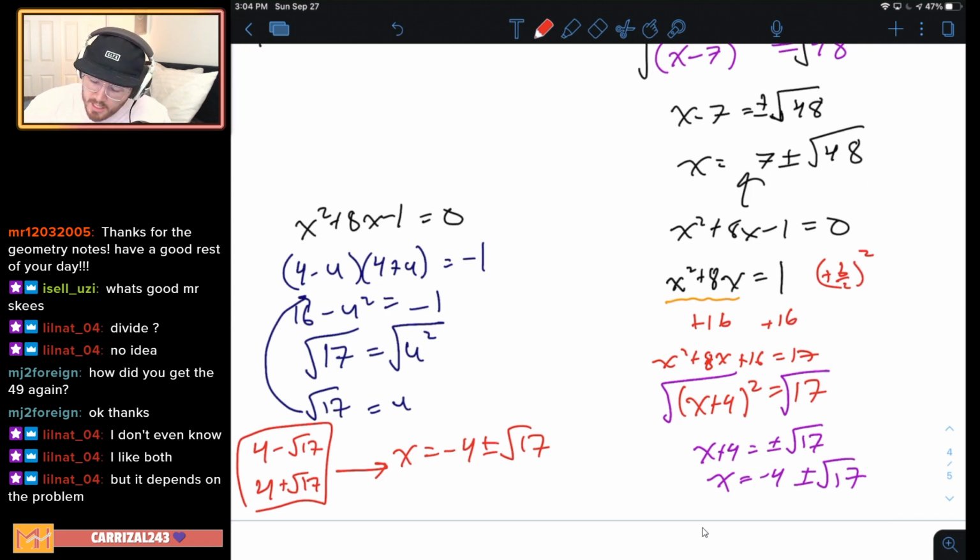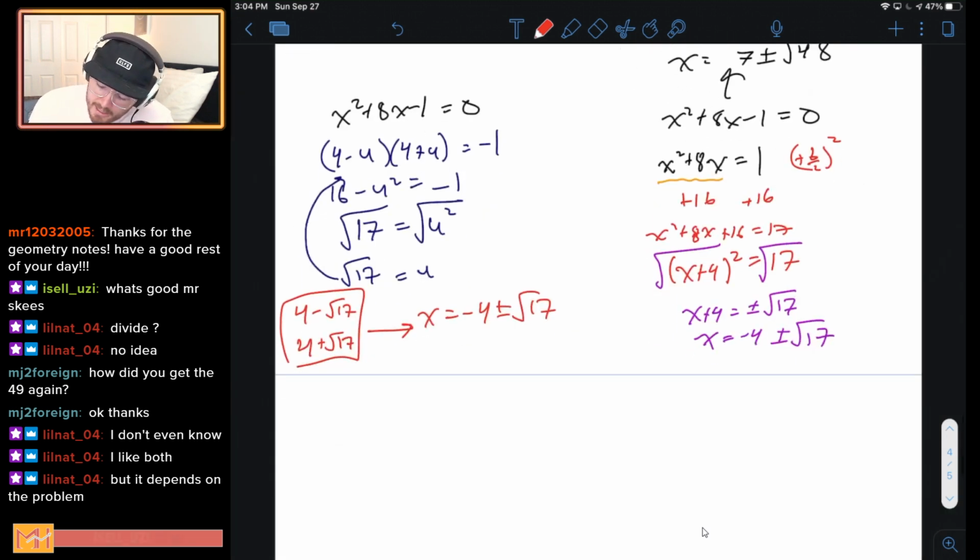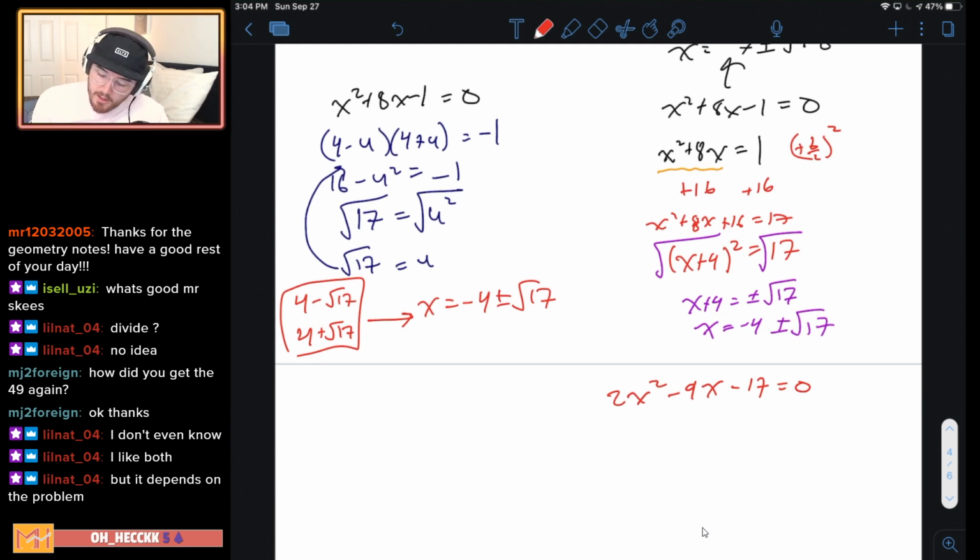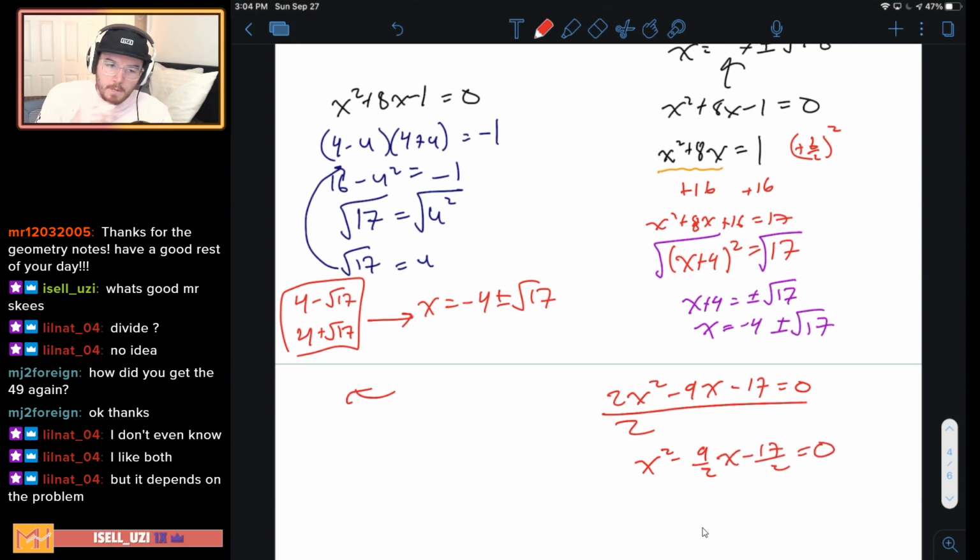So, if I introduce 2x squared minus 9x minus 17 equals 0, and you tried to complete the square on this, well, first off, you'd need to get rid of a. But you'd also have to do that if you used my other method too, right? So in both problems you'd introduce a fraction, but it depends on which one.